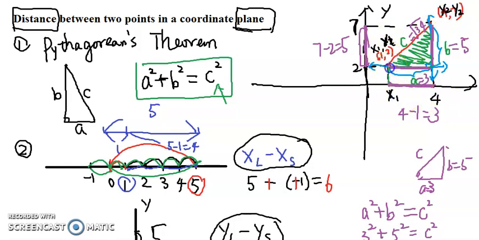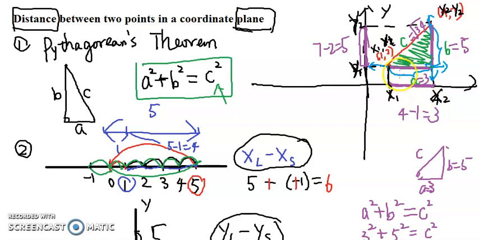So x1 corresponds to that 1 here, just like 1 corresponds to that 1 on the x-axis. So x2 was 4, but now it's x2. And y1 was 2, but now it doesn't have to be 2, it could be any number. I use y1 to represent it. This 7, I use y2 to represent it, could be anything.